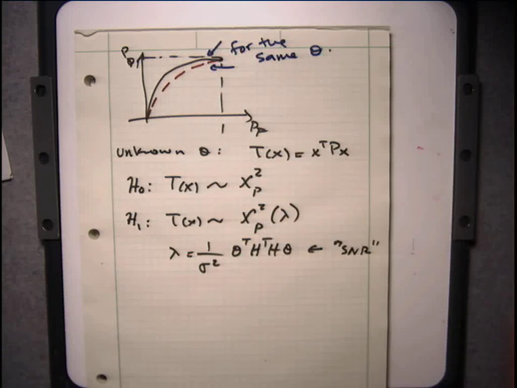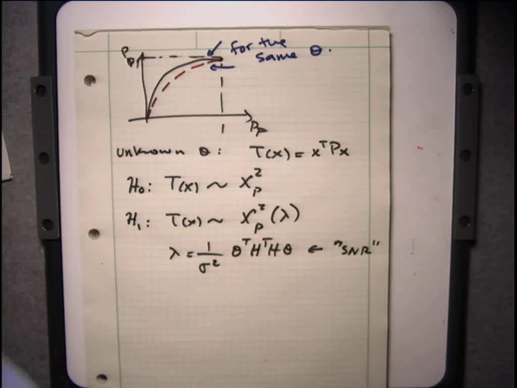But this is a good point, because oftentimes the performance analysis that you will do for any detector, whether it's likelihood ratio or generalized likelihood ratio, will depend on the parameter value which you're trying to estimate. So the answer to the question of how well this estimator performs is not just a simple answer. The answer is, well, it depends on the underlying parameter.